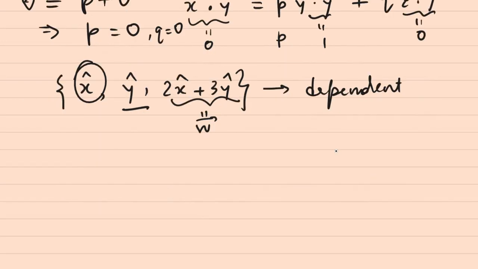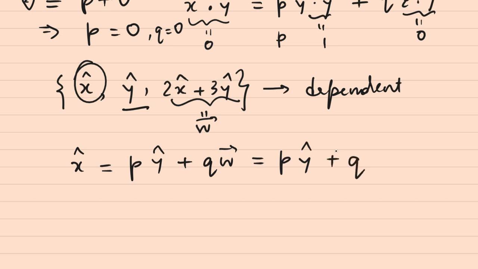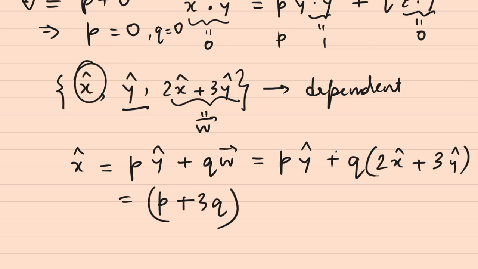Let me write it this way: x hat equals some number p times y hat plus some number q times w. In place of w we substitute the expression 2x hat plus 3y hat, and we can simplify it a bit: (p plus 3q) times y hat plus 2q times x hat.